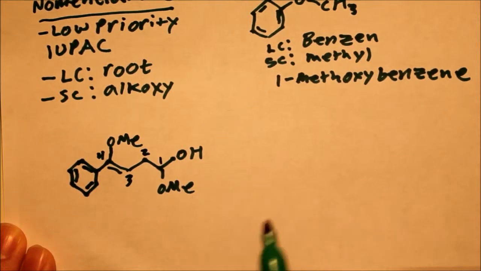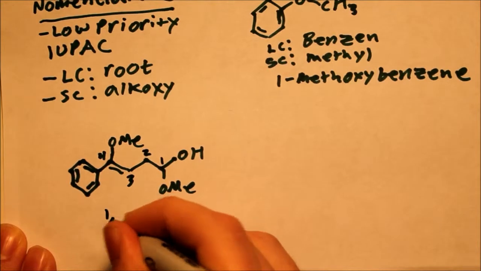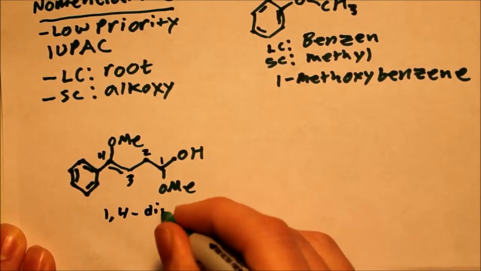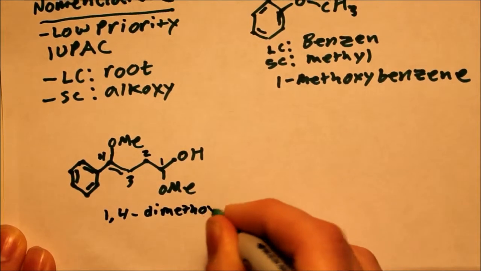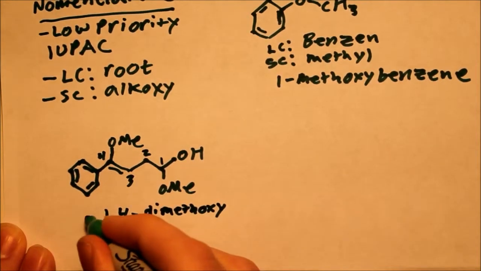So if we name it this way, which is the correct way, we know we have at positions 1 and 4 a di, meaning 2, methoxy substituents. So remember that. So that's our first thing we know.